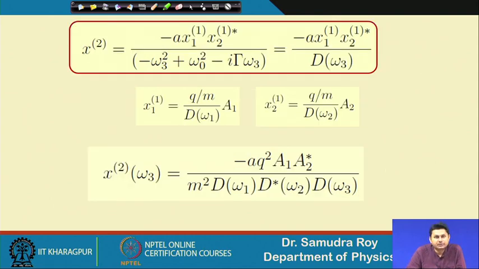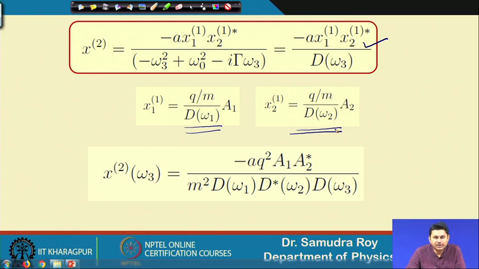Well, after that, this is my x 2, and now the important thing we are going to do, and this is very important stuff, is to replace my x 1 and x 2 in terms of these two solutions that we have been using. We already have these solutions from the first part of the calculation: what should be the value of x 1 and what should be the value of x 2 under any kind of launch electric field.